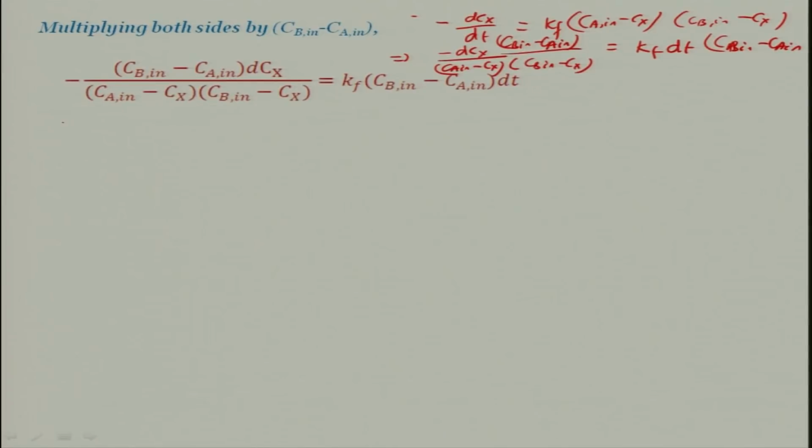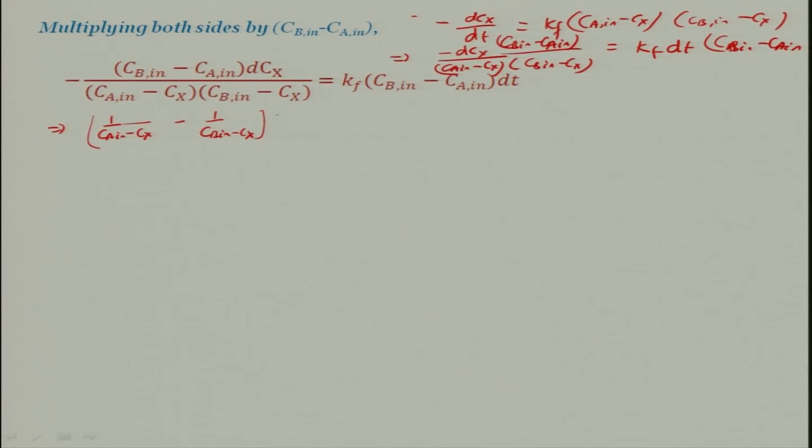Now, this I can write down as 1 by (Ca in minus Cx) minus 1 by (Cb in minus Cx).